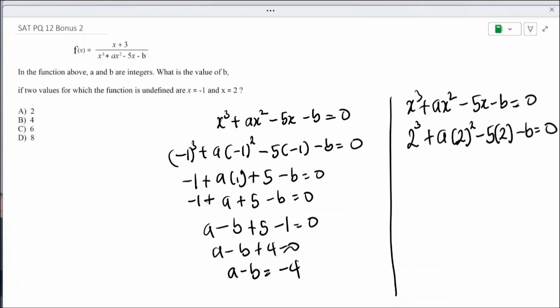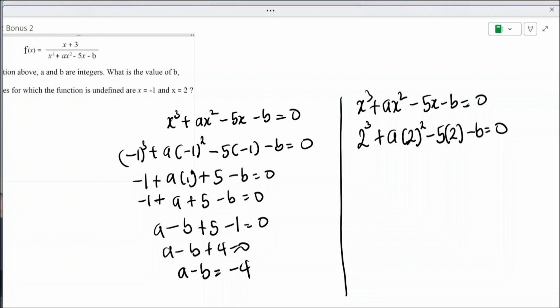2 cubed, or 2 to the power of 3, is 2 times 2 times 2. That will give you 8. 2 times 2 is 4. 4 times 2 is 8. So we have 8 plus a times 2 to the power of 2. That's 2 times 2, that's 4. Then you have negative 5 times positive 2.